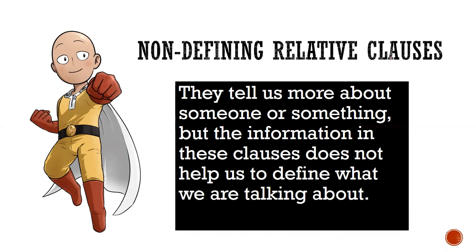All right, non-defining relative clauses. They tell us more about someone or something, but the information in these clauses does not help us to define what we're talking about. So what's important from this one? Does not define. All right, so that is what we must remember from this one. Non-defining does not define. They don't tell us what we're talking about.